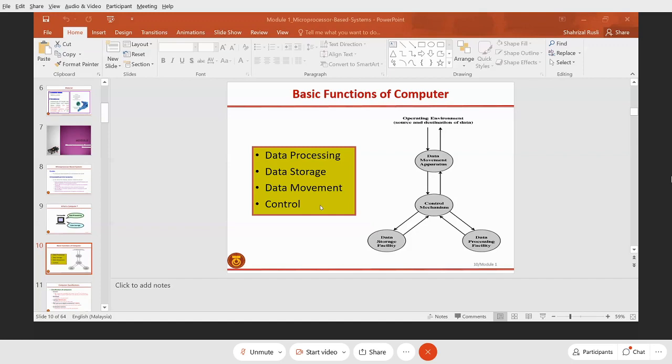This control unit is the brain of the computer. Of any processor or any system, you have to have quite a complex system, it has to have a brain. So the brain is the CPU, or the control unit inside the CPU itself.